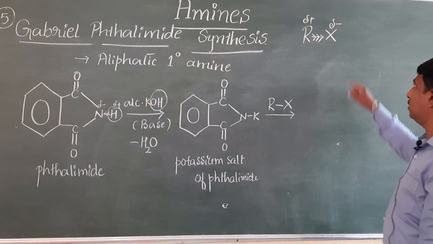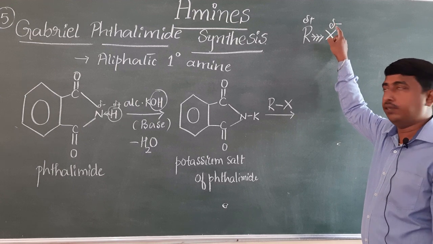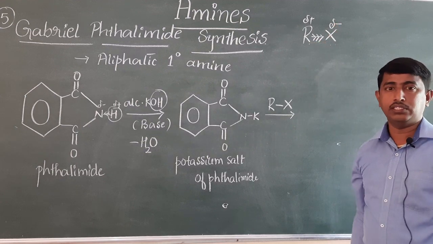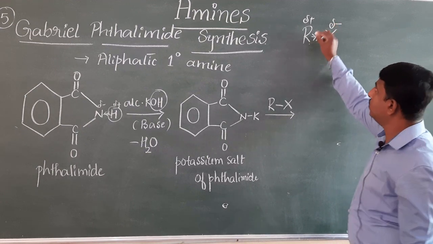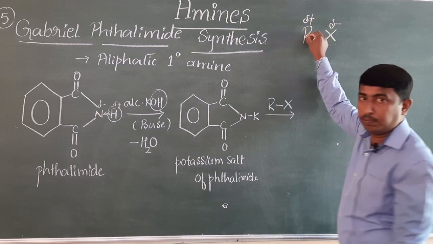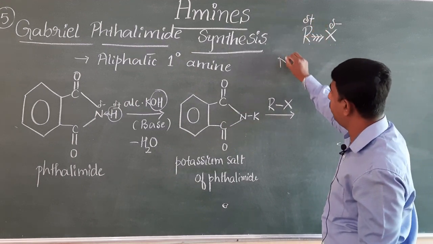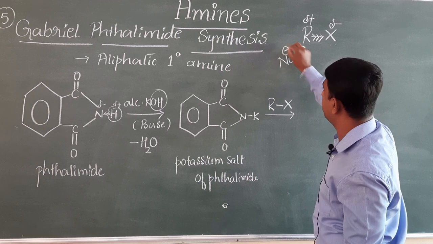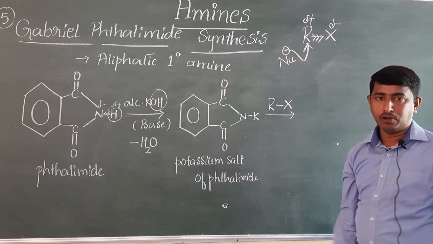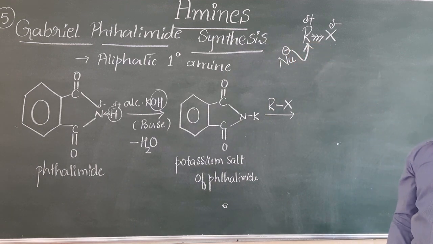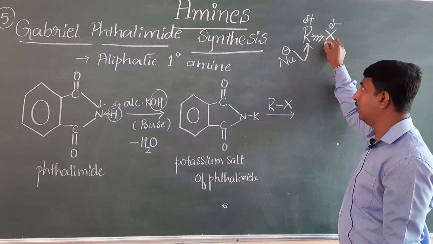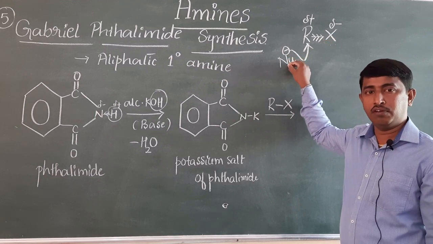As a result, halogen carries a partial negative charge and carbon carries a partial positive charge. Because of the partial positive charge, a nucleophile can readily attack the alkyl halide molecule.